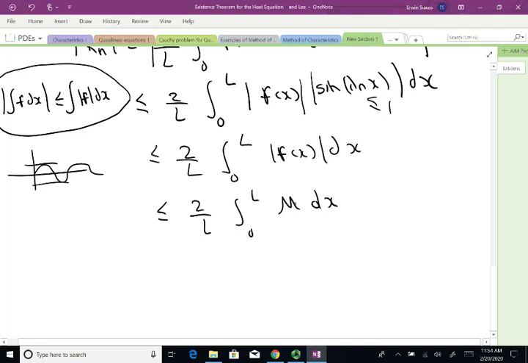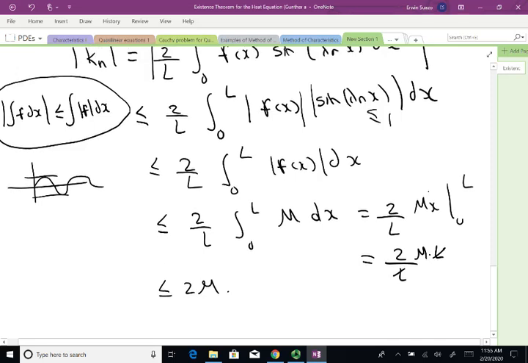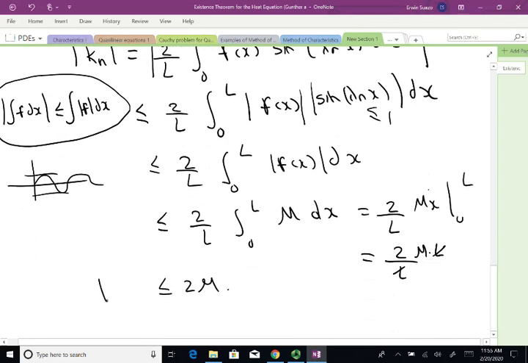This is Mx, and evaluating between 0 and L, I get 2 over L times M times L. These cancel, so in conclusion, the absolute value of k_n is less or equal to 2M.